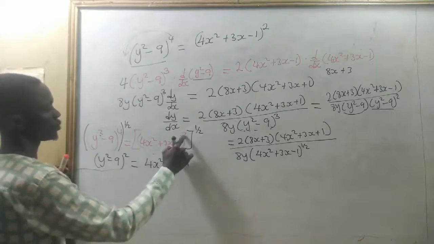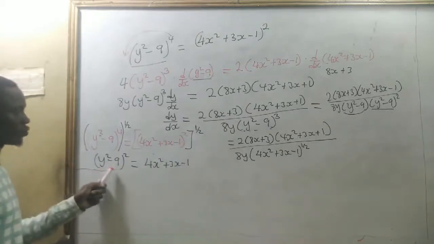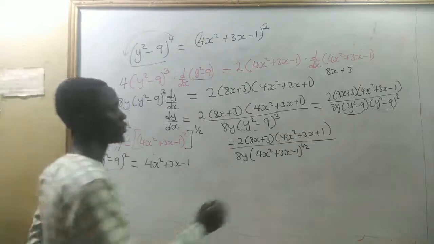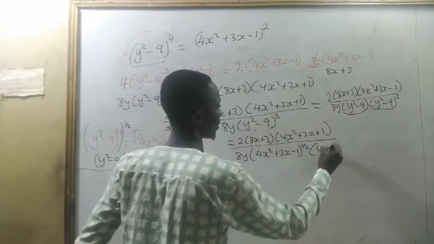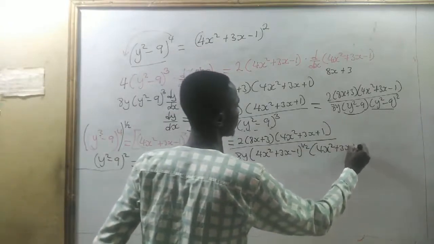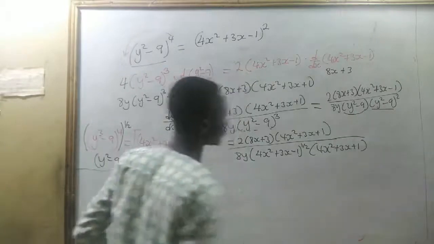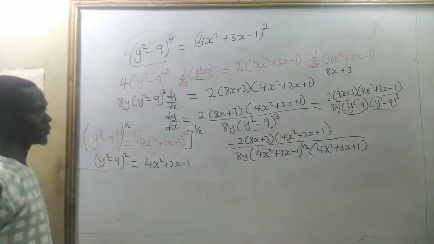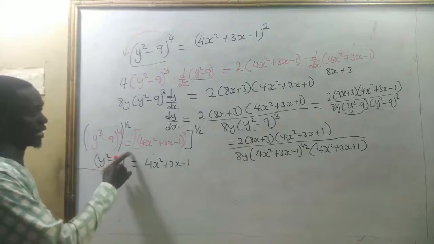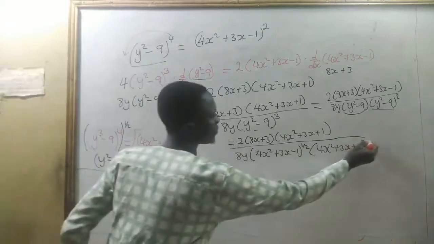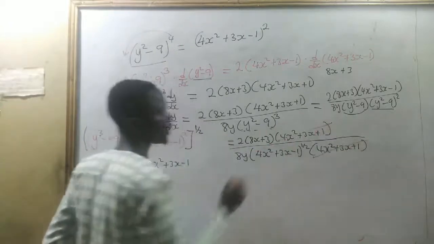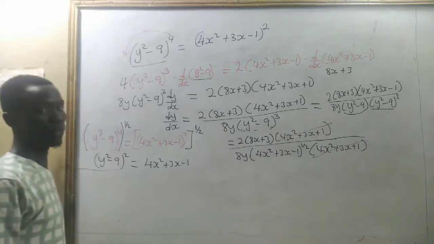That 2 will cancel the half. So y squared is this. So we are going to multiply this by 4x squared plus 3x plus 1 to replace y squared minus 9 all squared. So here this term will cancel what we have at the top. Wow.